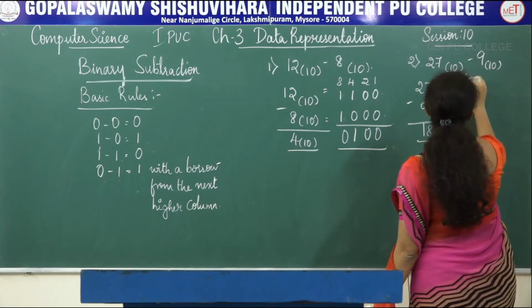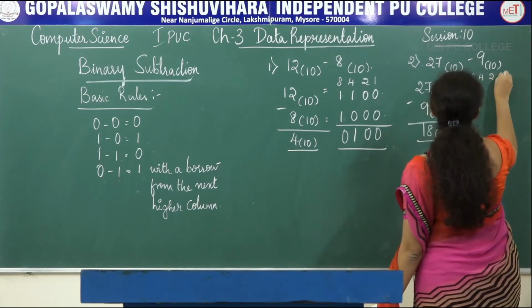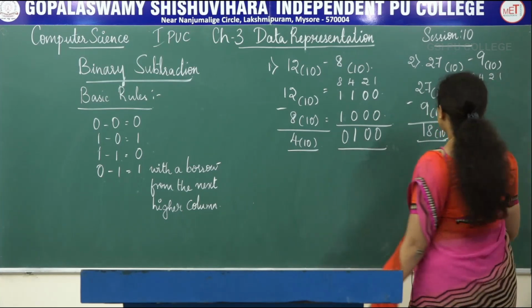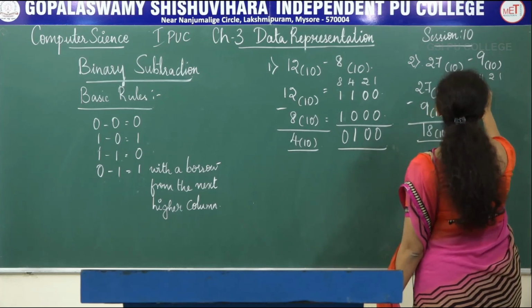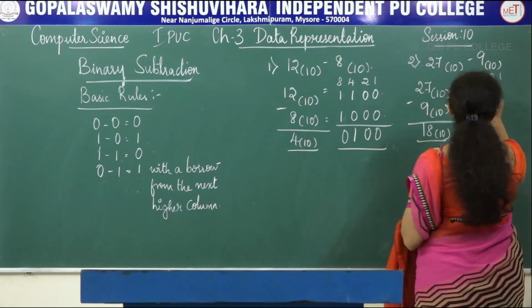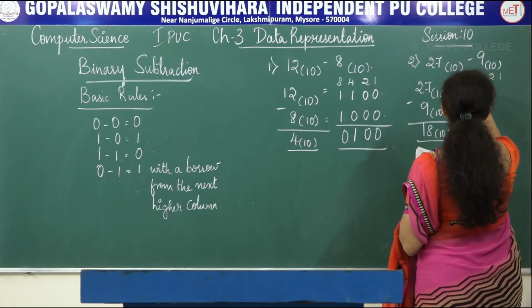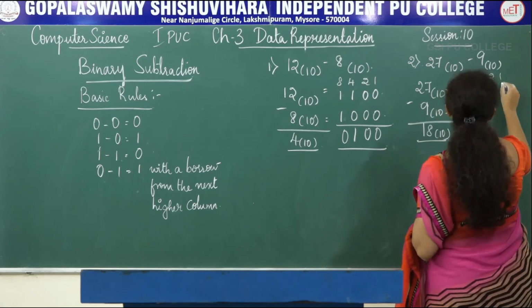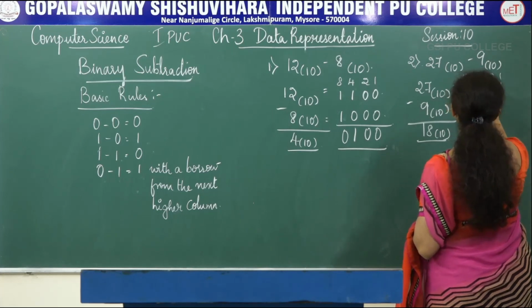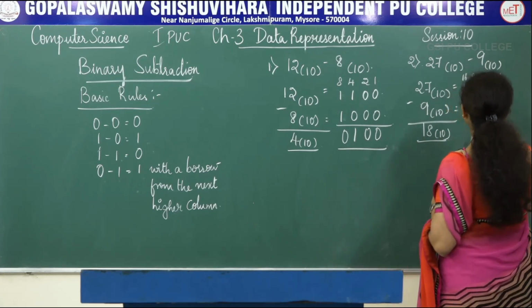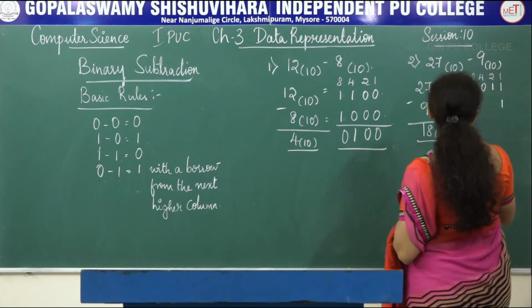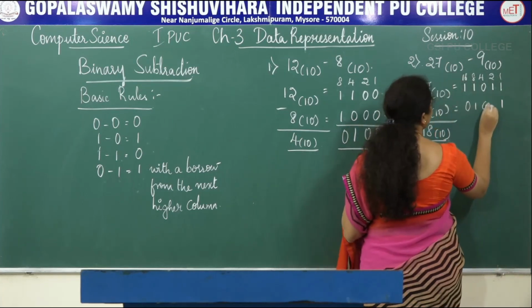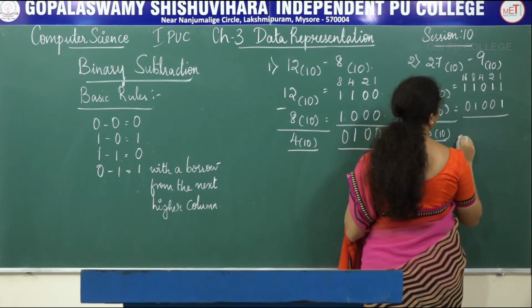In 16, 8, 4, 2, 1 code. So 16 plus 8 is 24. 24 plus 2 is 26. 26 plus 1 is 27. For 9, 8 plus 1. In rest of the places you have to put zeros.